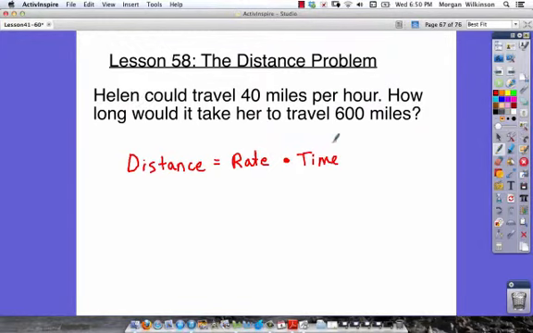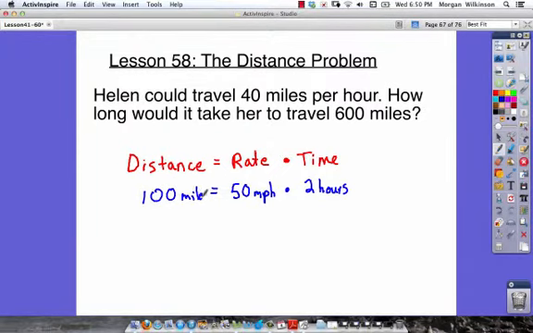So, for example, if you were going 50 miles per hour, mph, for 2 hours, our total distance, 50 times 2, would have to be equal to 100 miles.